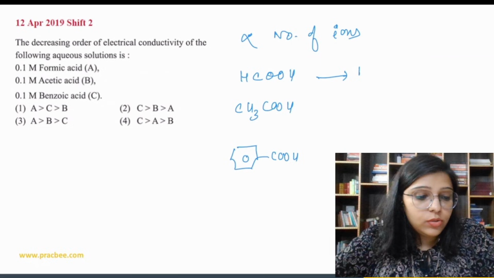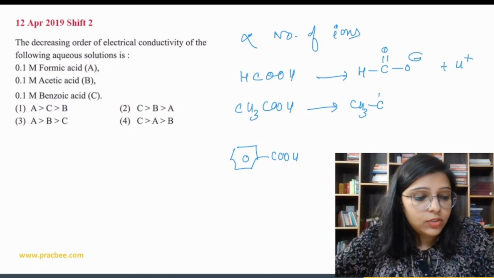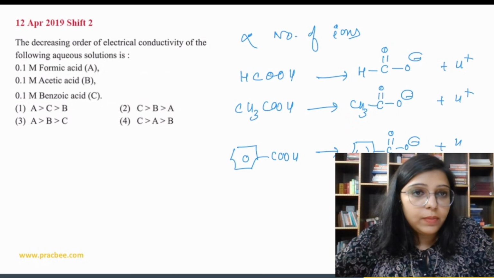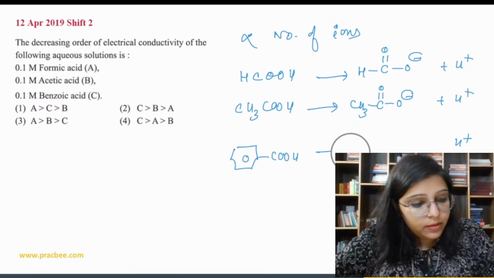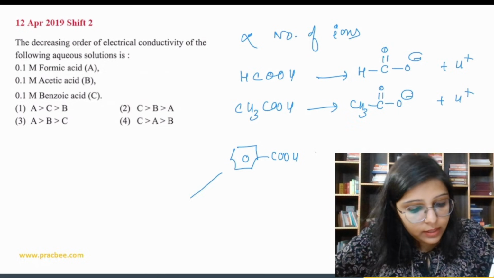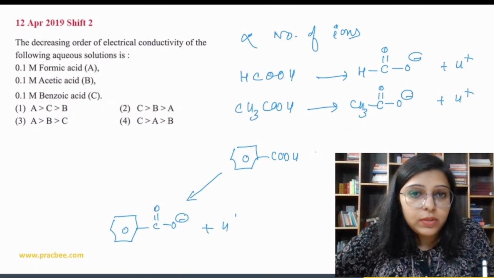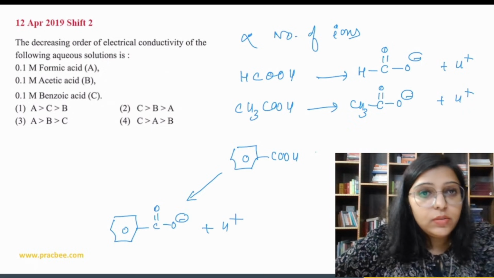The point is they dissociate: HCOO minus and H plus; CH3COO minus and H plus; and benzoate C6H5COO minus and H plus. The point is which one is more stable.